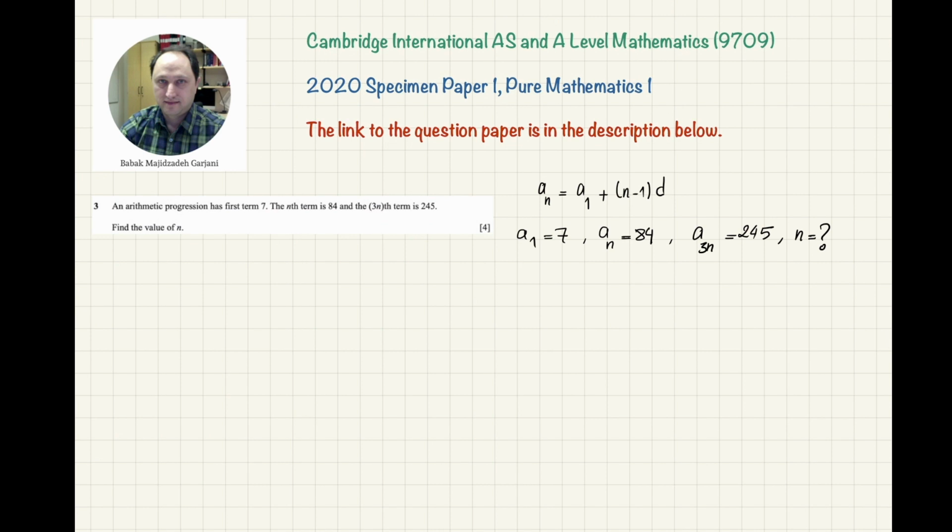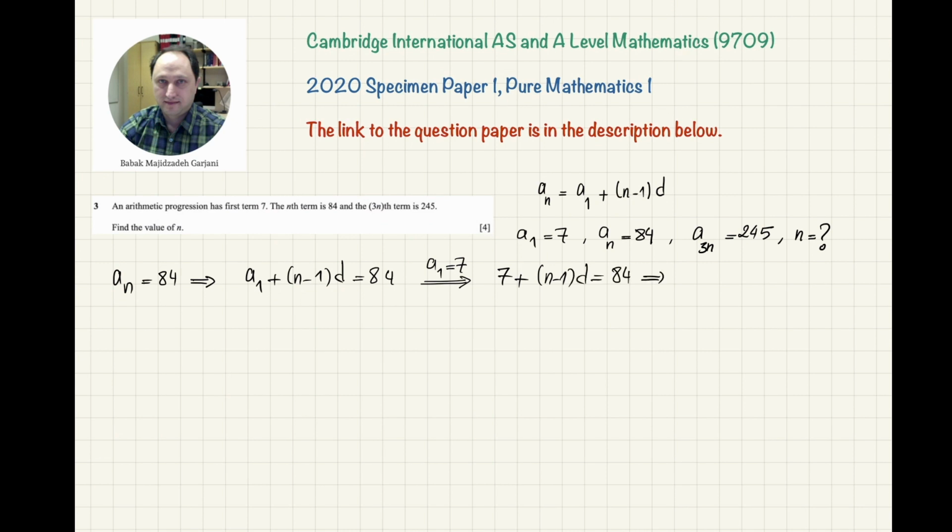Okay, so an is given to be 84. Instead of an, I can just plug in a1 plus n minus 1 d. I'm using this formula exactly for an here. On the right hand side, I have 84. But of course, a1 is also given to me to be 7. So if I plug in a1 to be 7, it becomes 7 plus n minus 1 d is equal to 84.